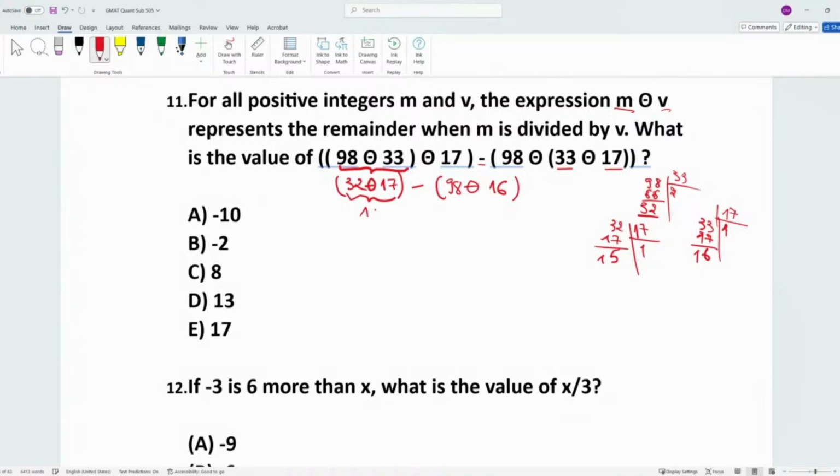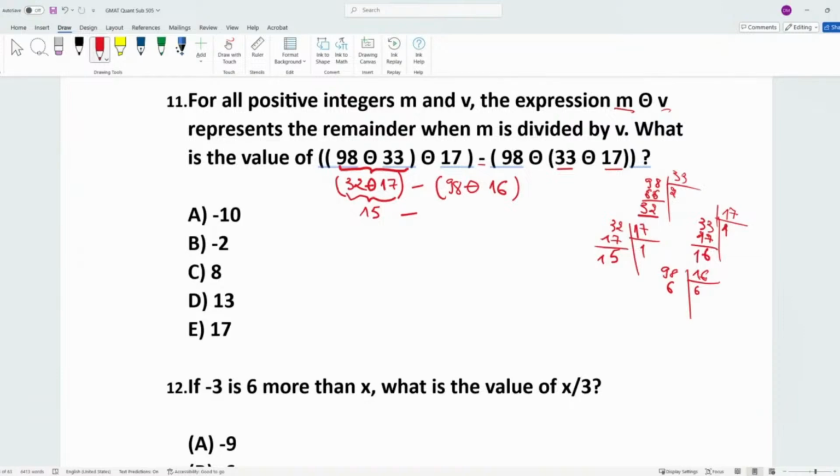So the remainder is 15 minus, here we have 98 divided by 16. This is going to give us the value of, if we say 6 here, so 6 times 6, 36.